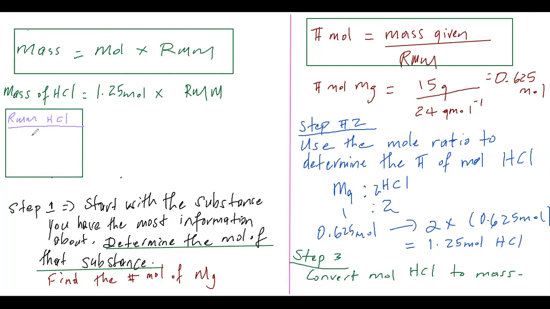It has one hydrogen atom in it, and the hydrogen is 1. And it has 1 chlorine in it, and that's 35.5. So we add those together, we get 36.5. And the units of RMM is grams per mole. So I would now put that information in, that 36.5 grams per mole, and work out the mass of HCl.